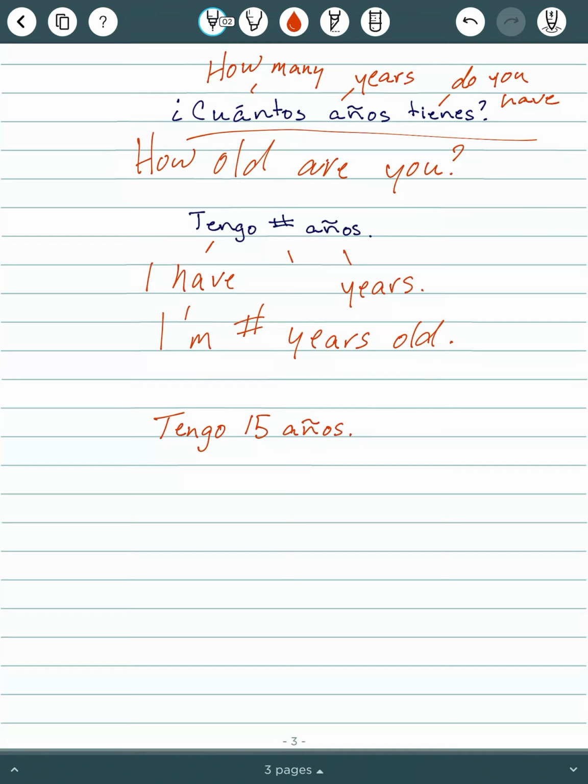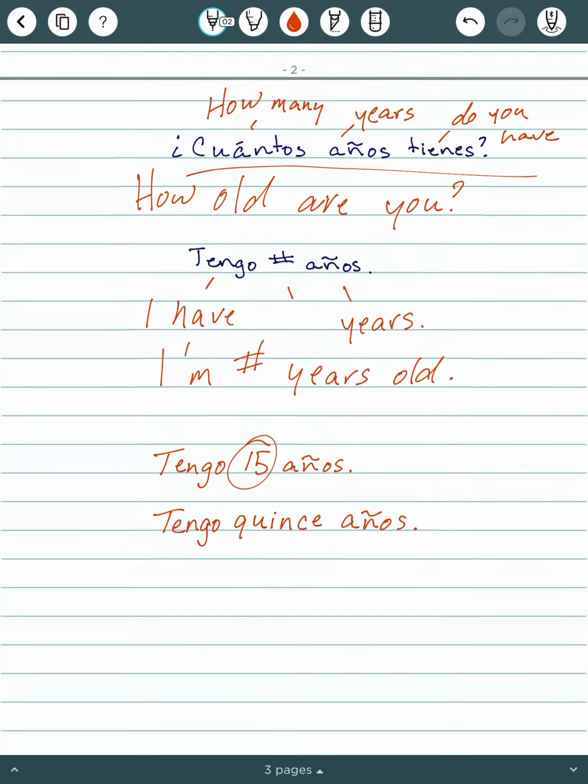Tengo something años, but you're not speaking Spanish if you say tengo 15 años. You need to know that number in Spanish. So you want to know how to say 15. Tengo quince años. So practice that, practice it with friends, teach it to your family members and friends and all that stuff, and you will get it in a snap.